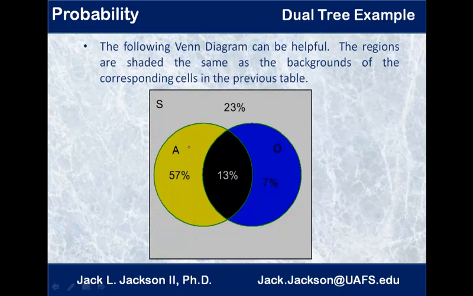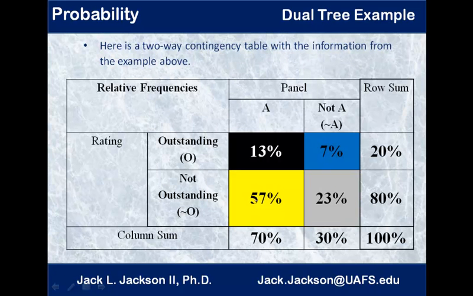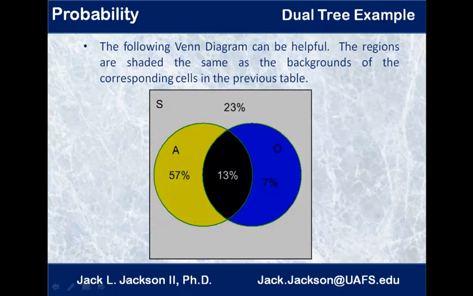The 57% is A and not O. That's the yellow background here. The 23% then is going to be not A and not O, and that's the gray part that's outside the 2 circles. And so we've got probabilities assigned to these various parts.